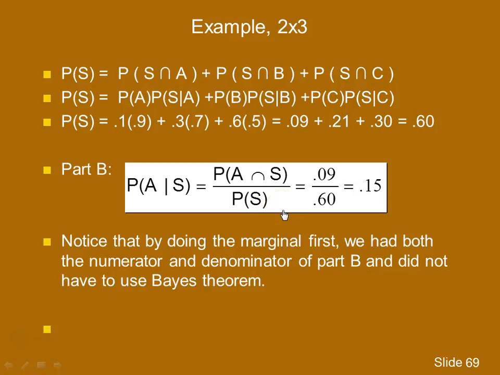But we've calculated both of these now. Part A of the problem calculated the probability of S as 0.6, and the numerator, A intersect S, was the first term here, 0.09. So we already have everything that we need to finalize this answer. 0.09 over 0.6 is equal to 0.15.